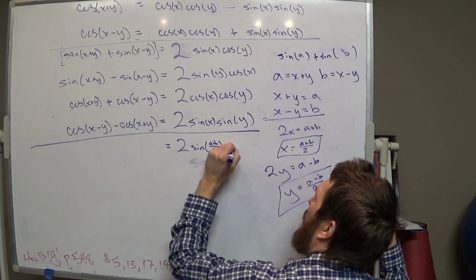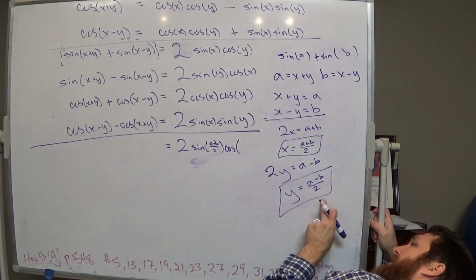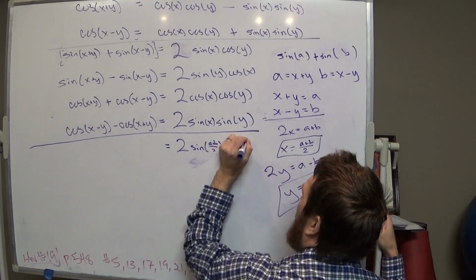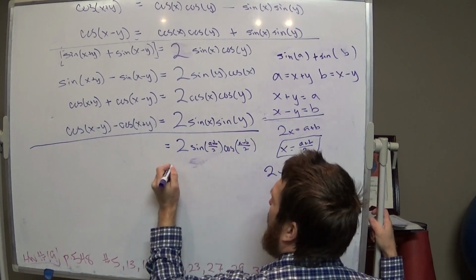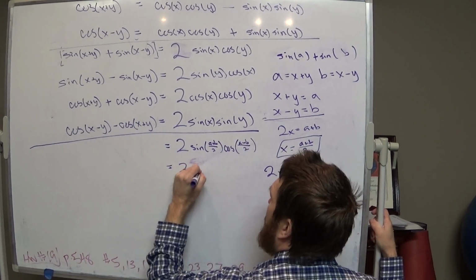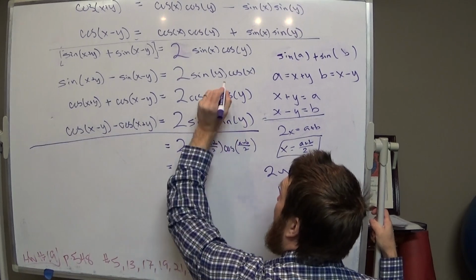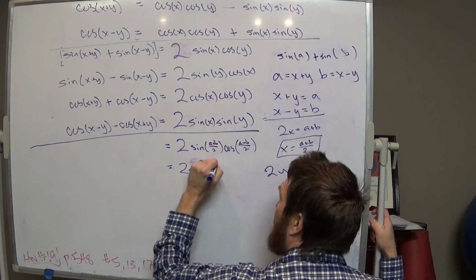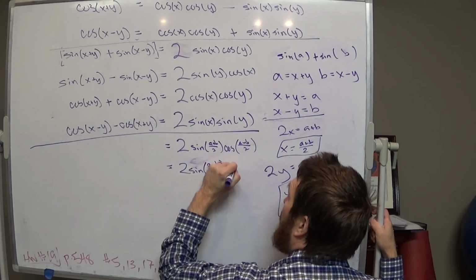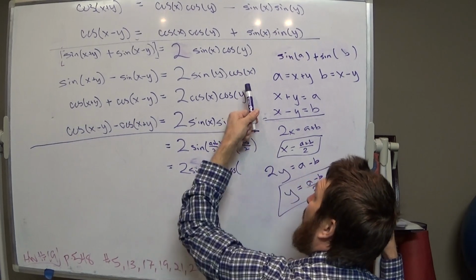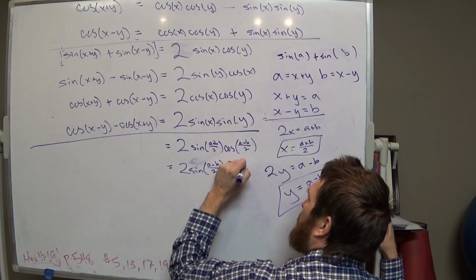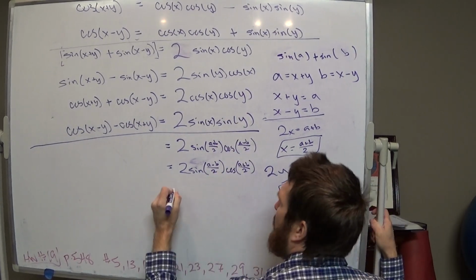Cosine y is a minus b over 2. This is 2 sine a minus b over 2 cosine a plus b over 2.